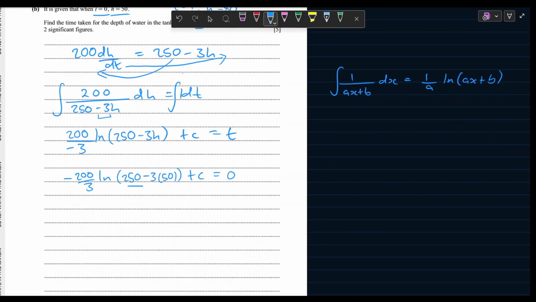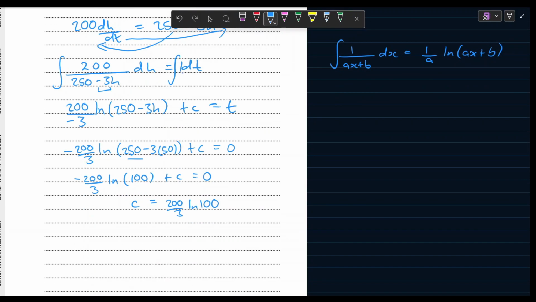So here 250 minus 3 times 50, that's 150. So negative 200 over 3 ln 250 minus 150, that's 100. So 100 plus c is equal to 0. So c is equal to positive 200 over 3 ln 100.